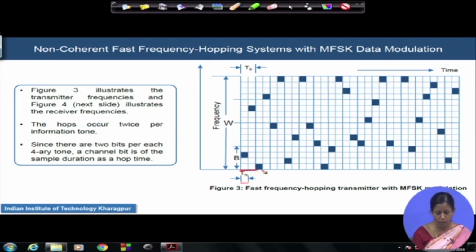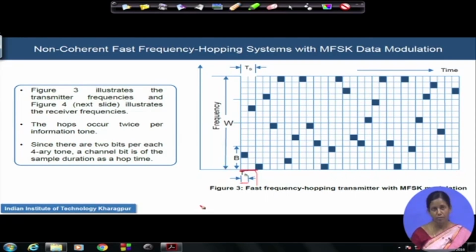What is happening is that within one symbol duration you are hopping twice, and this is the bandwidth, and this is the total available spread bandwidth, whose expression is given in the earlier slide. And here the time axis, as usual, is on the x axis.